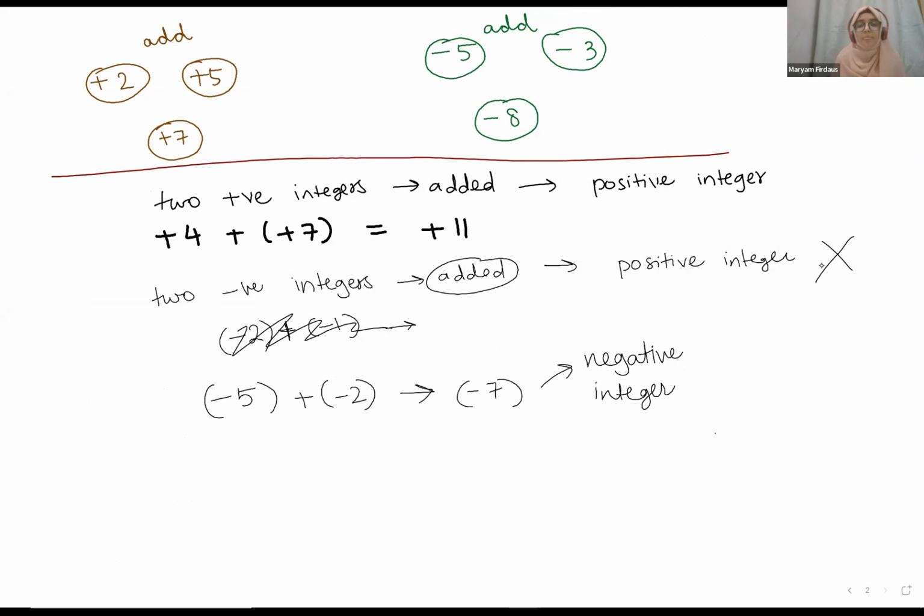So what will our statement be now? Can you rephrase this? Can you make this correct?